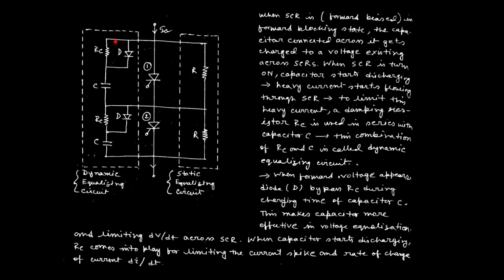As the current flows through the capacitors, the capacitor gets charged. Once the capacitor is charged, it tries to discharge in the opposite direction. This is the normal behavior of the capacitor.